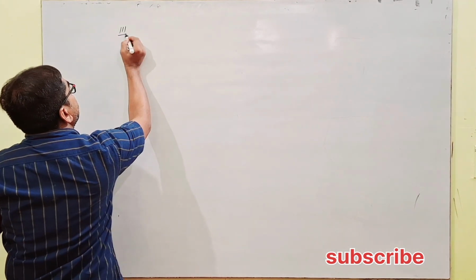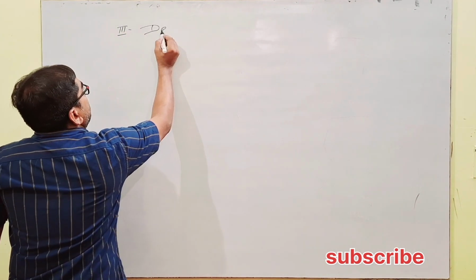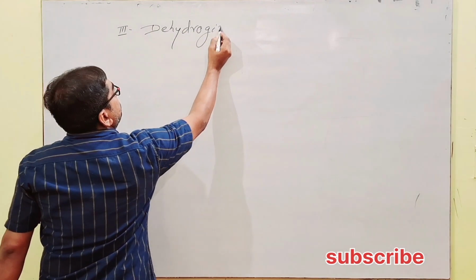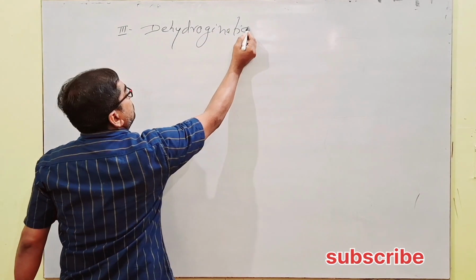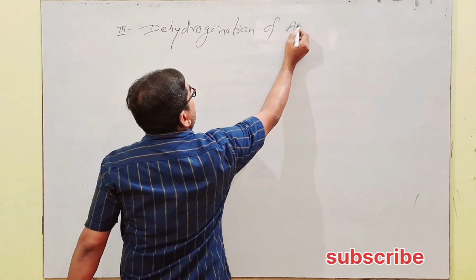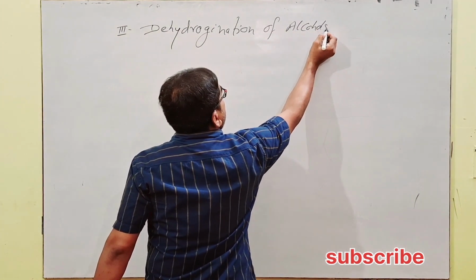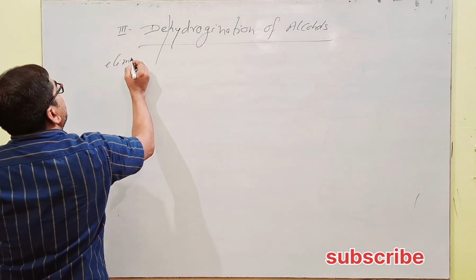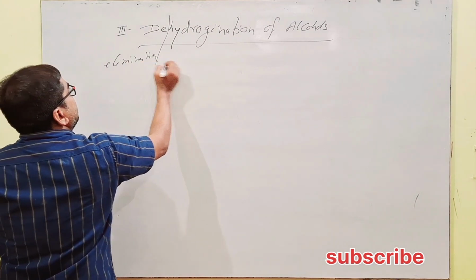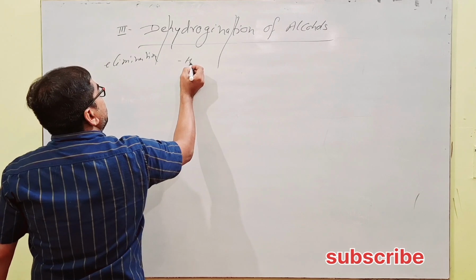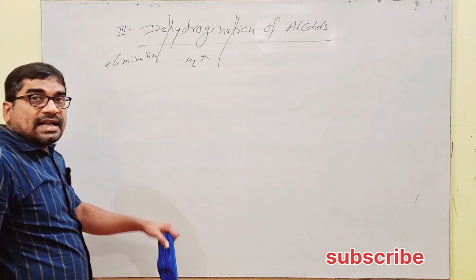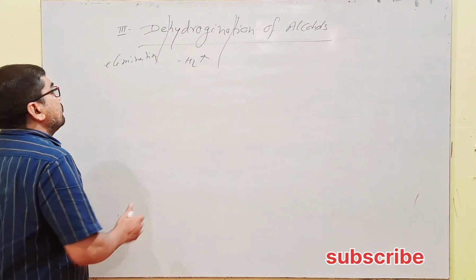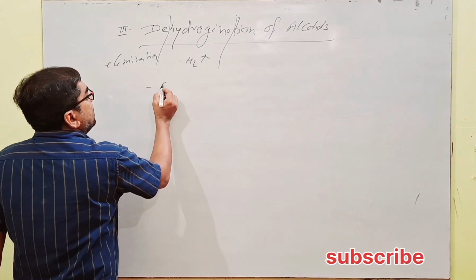De means elimination. It is in the category of elimination reactions. Dehydrogenation means elimination of hydrogen. This is called dehydrogenation in alcohols, like primary alcohol.